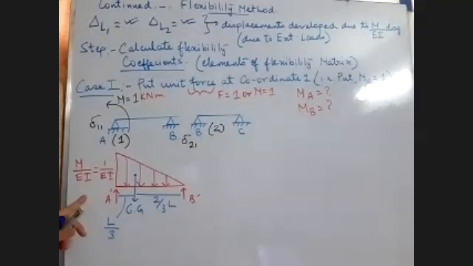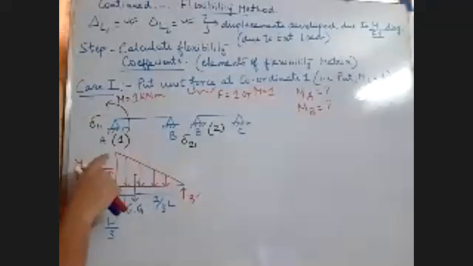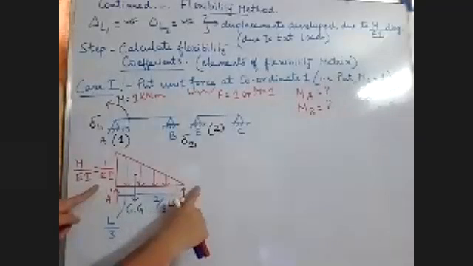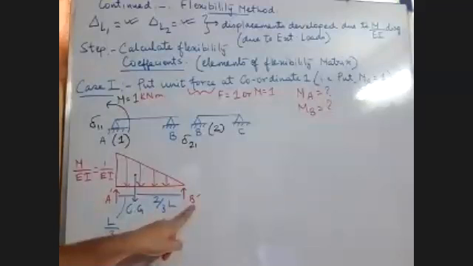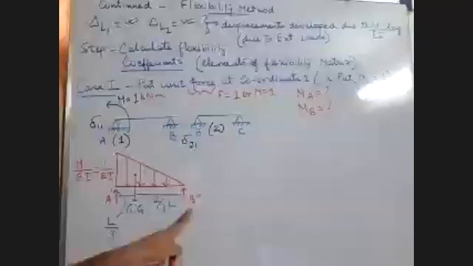With respect to this diagram, why is it triangular like this? Because M is 1, so 1 by EI, and here no bending moment. Okay, that B dash. If I take this conjugate beam, again we will apply conjugate beam method, something like this. This is B dash and this A dash.